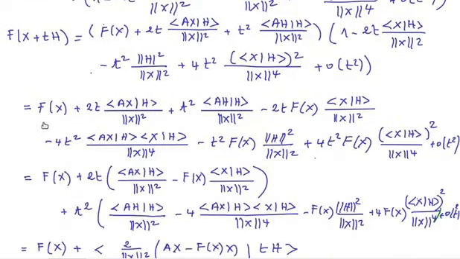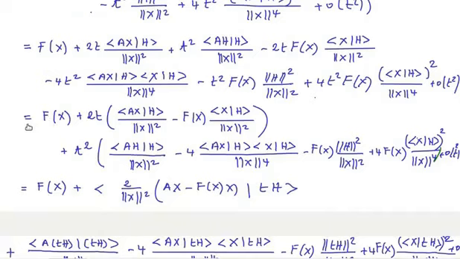We expand and arrange according to the powers of t. So we find f of x plus 2t times Ax dot h over the norm of x squared minus f of x times x dot h over the norm of x squared. This is the term in t, and t squared multiplied by the remaining terms.